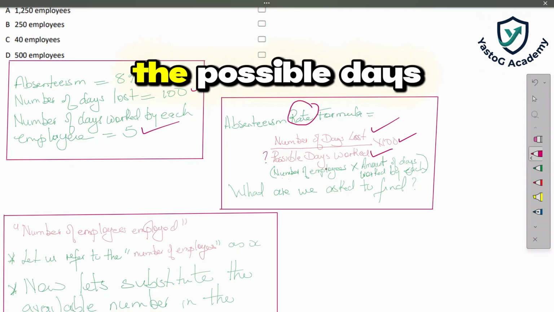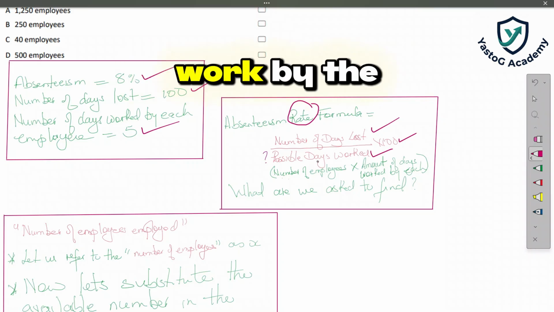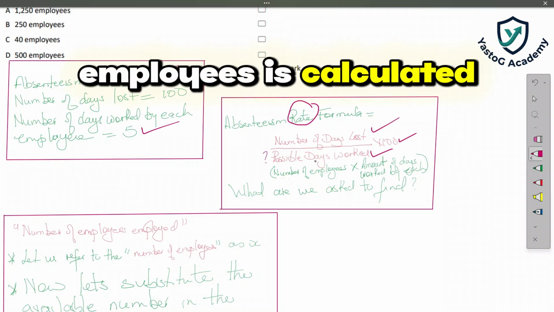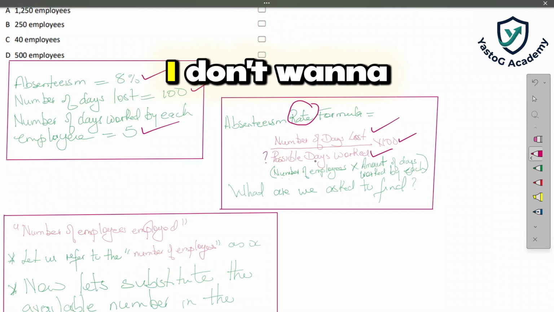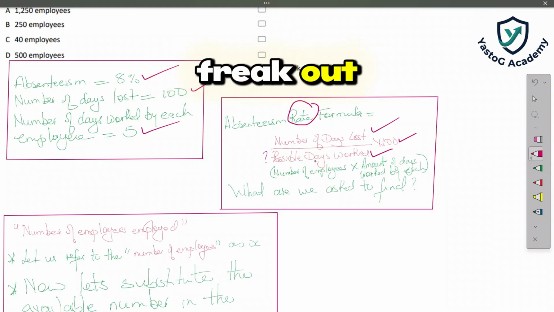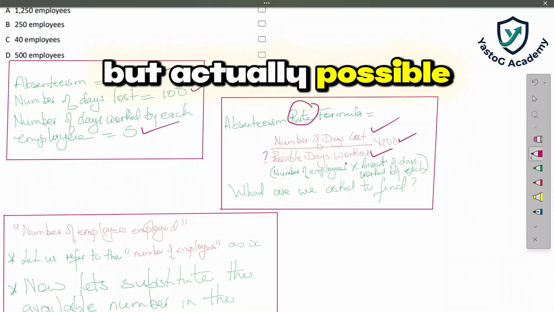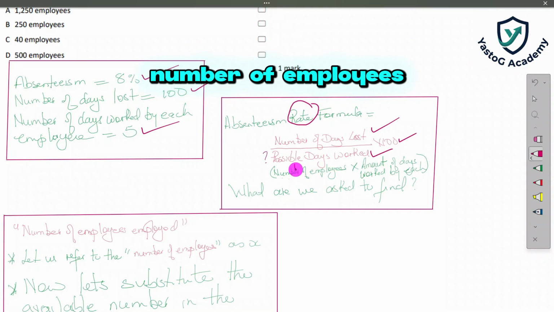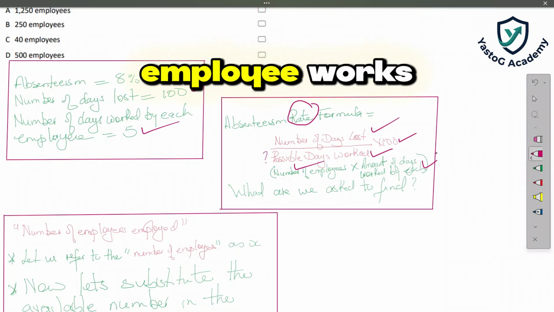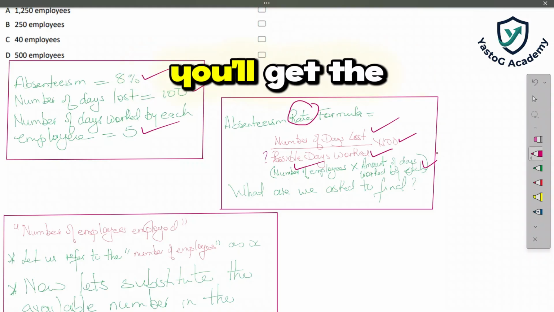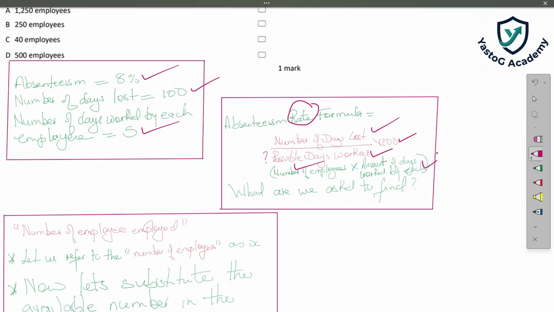Now, the possible days worked is calculated with simple arithmetic, I don't want to call it maths for people to freak out. Possible days worked must be the number of employees we currently have times the number of days each employee works. If you multiply that, you'll get the possible days worked.